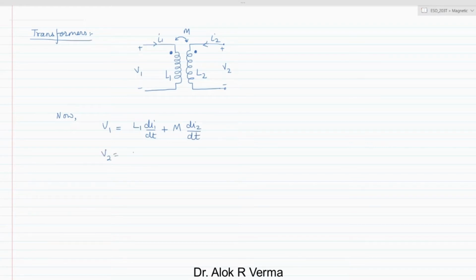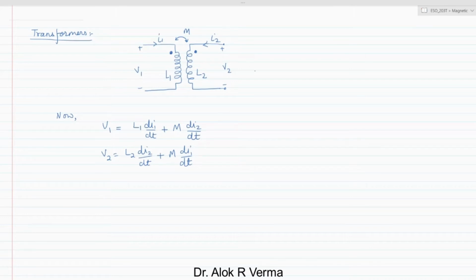Similarly, V2 can be written as L2 di2 by dt plus M di1 by dt. So this is how the mutually coupled equations are written.